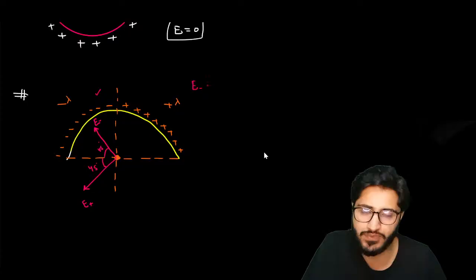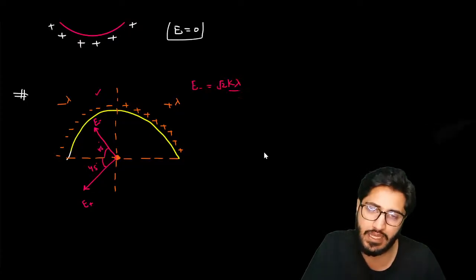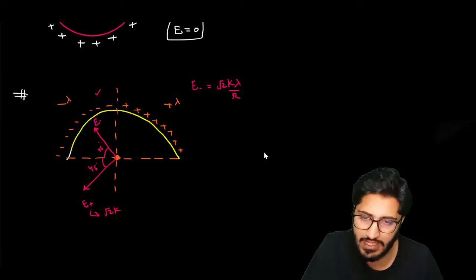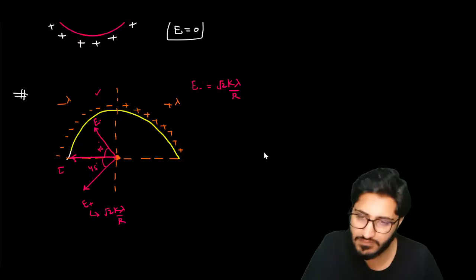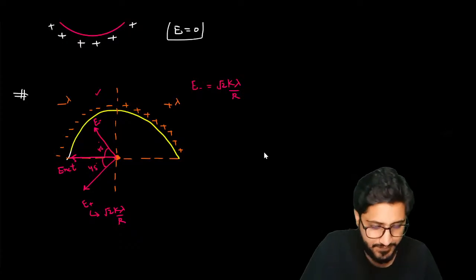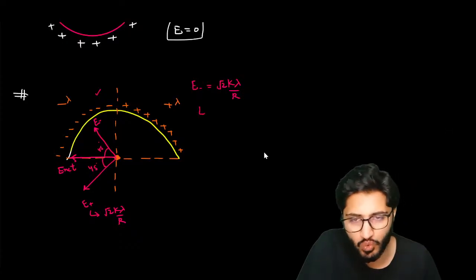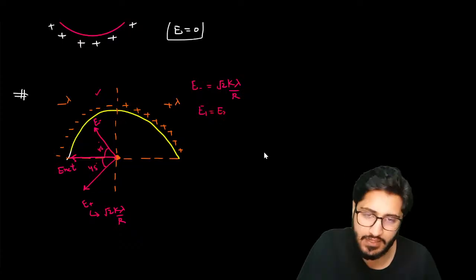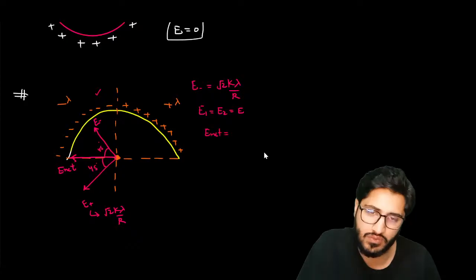What is E negative? It is under root 2 k lambda by r. Also this one, it is under root 2 k lambda by r. Now my net would be from this, this would be my E net. When two vectors are equal, I can write E net is equal to 2E cos theta by 2.